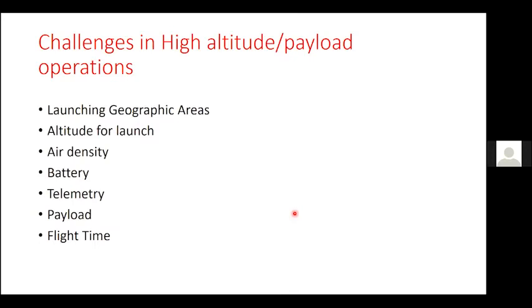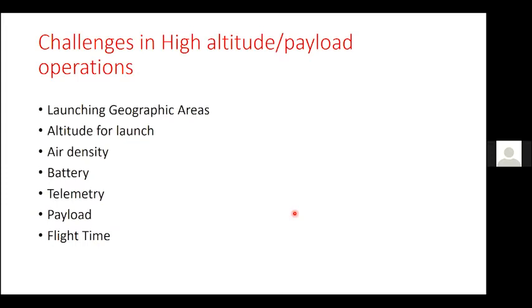Then the battery will be an issue, and telemetry connectivity will be an issue, because if you're flying at 1 kilometer, you need very reliable telemetry. How much payload you are taking is very important. As I have told you, one drone crashed while taking 3 kg of payload at around 100 meters of altitude.